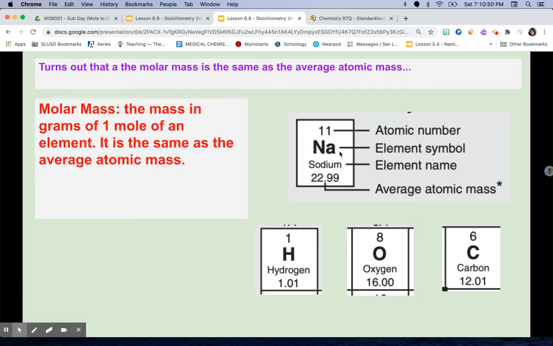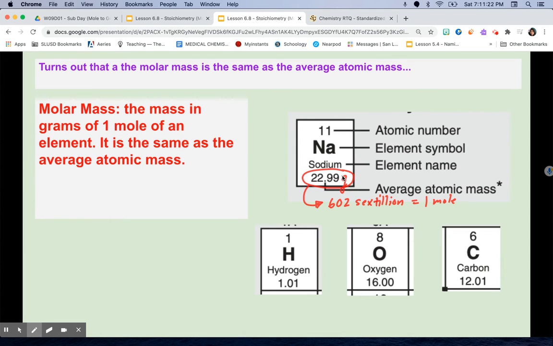What he essentially did was he took an element like sodium and he weighed out 22.9 grams of sodium. And he found out that when he weighs this amount of sodium, there were exactly 602 sextillion atoms, just about, or 1 mole, right?